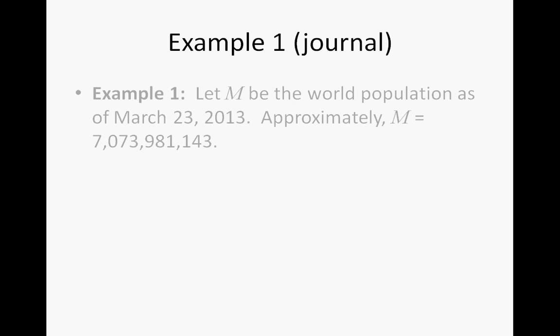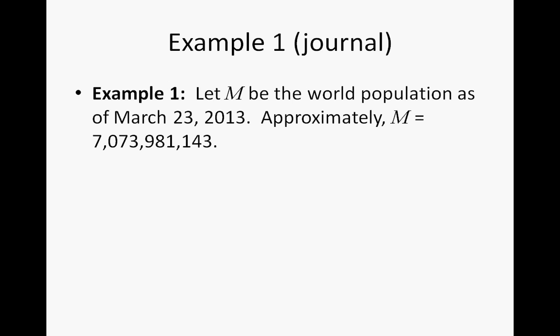Okay, let's take a look at example 1, which we're going to do in your journal. Example 1: let M be the world population as of March 23rd, 2013. Approximately M is equal to 7,073,981,143.